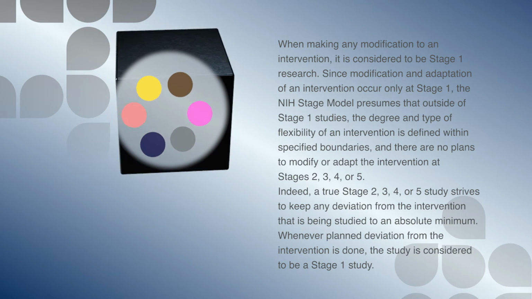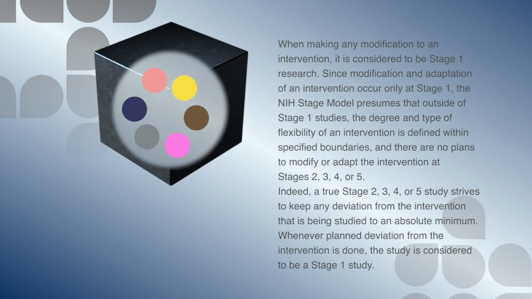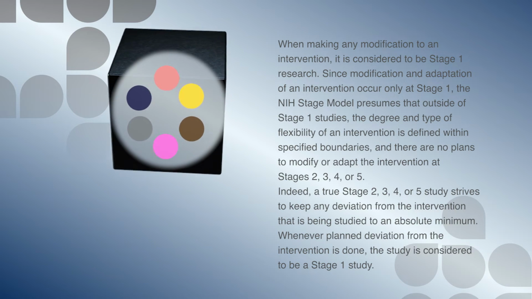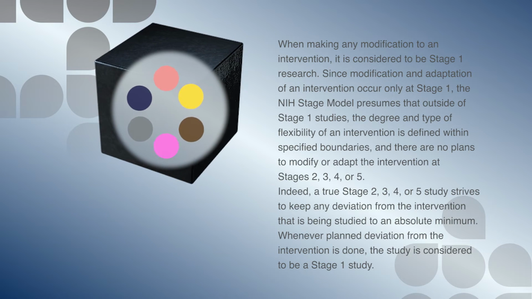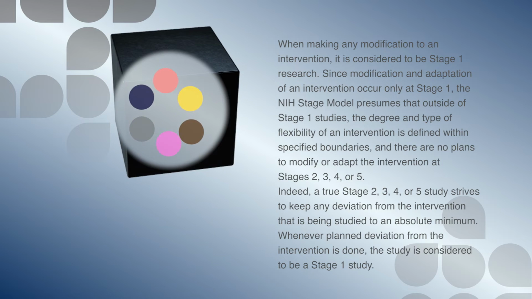Indeed, a true Stage 2, 3, 4, or 5 study strives to keep any deviation from the intervention that is being studied to an absolute minimum. Whenever planned deviation from the intervention is done, the study is considered to be a Stage 1 study.